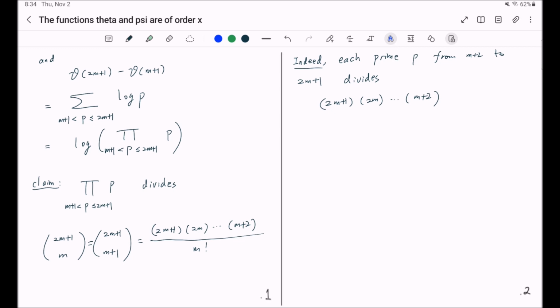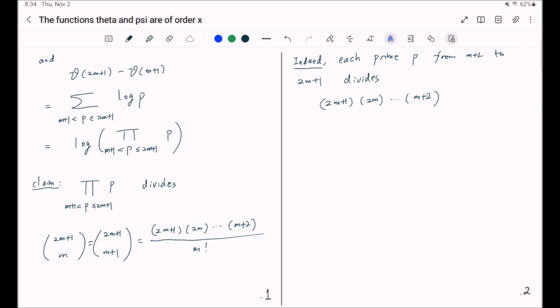And by the elementary number theory, and in particular by the unique factorization theorem of integers, we know that these distinct primes must also divide this whole product, given that each factor divides some of them.